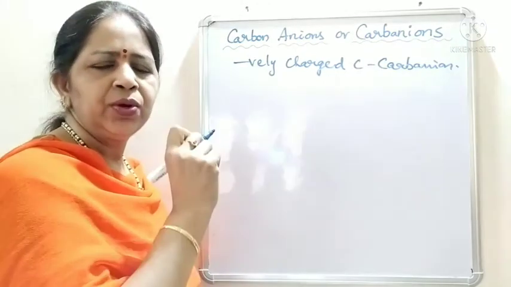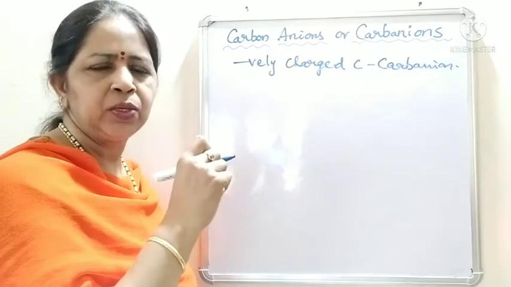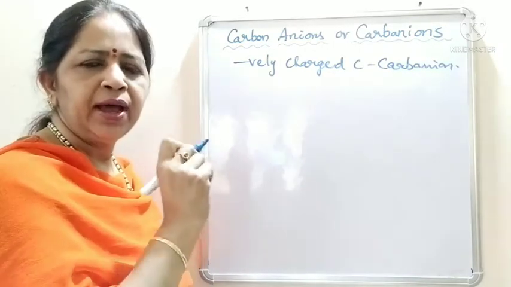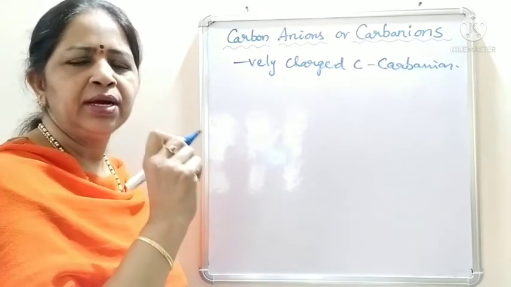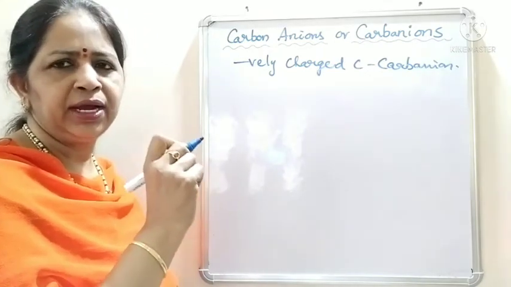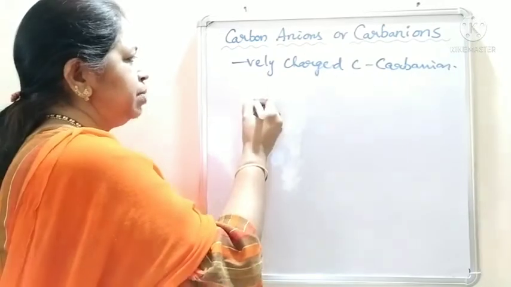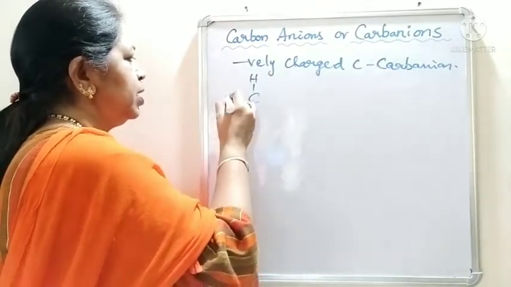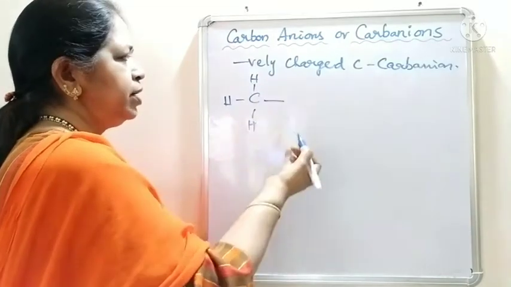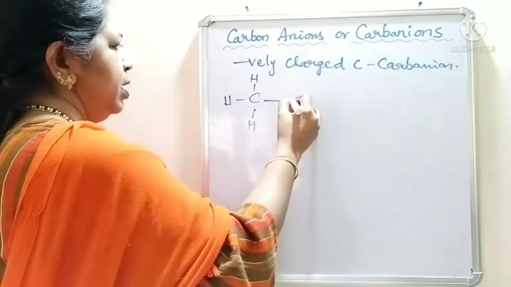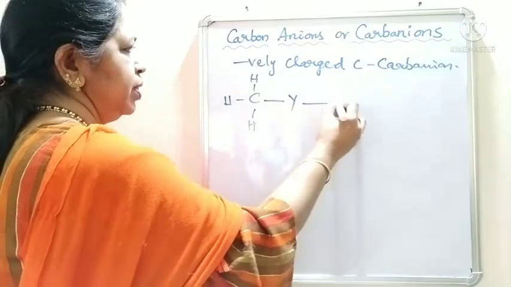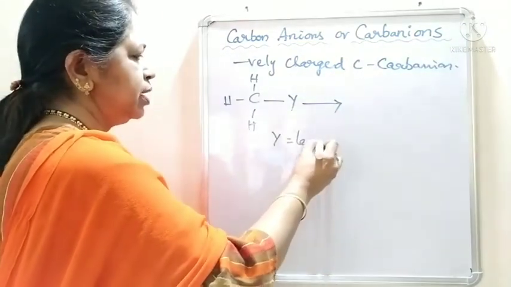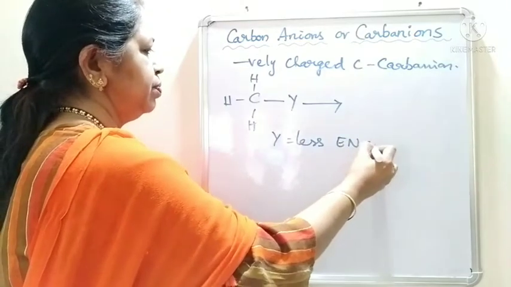It is also a heterolytic cleavage similar to carbonium ion formation, but here the bond is between carbon and a less electronegative atom. For example, if we see CH3-Y, let Y be a less electronegative atom.